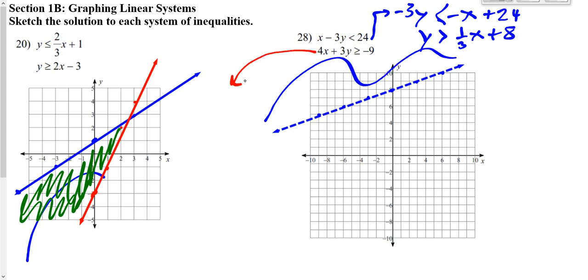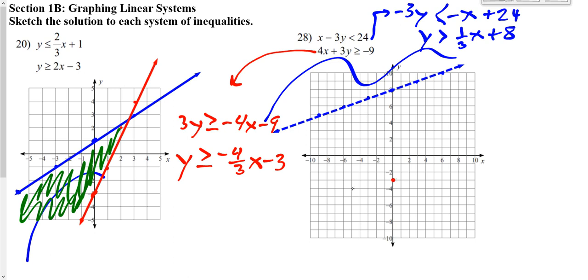Get y on one side by itself. Divide by the 3. We're dividing by a positive, so we don't switch our inequality sign. So when y is on one side by itself, the number added or subtracted is your y-intercept.